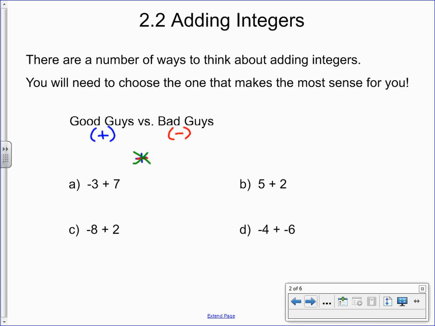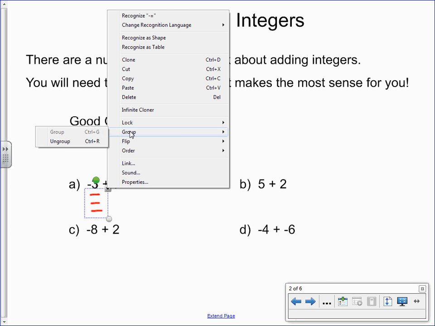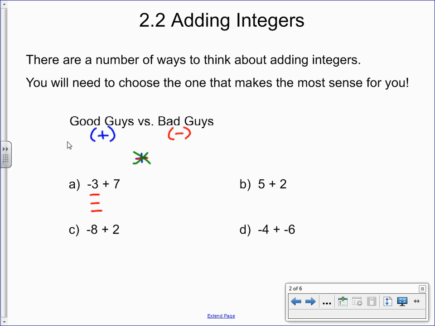So in this case, we have three bad guys. We have a negative 3, so that's 3 bad guys. I'm just going to ungroup that. We also have 7 good guys.